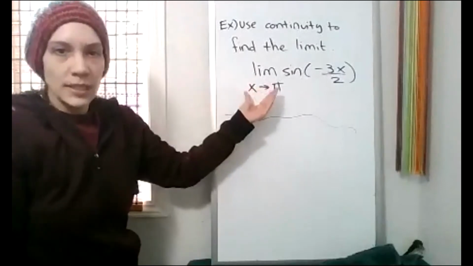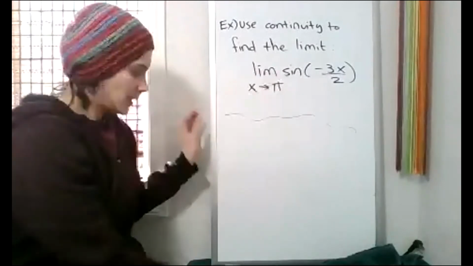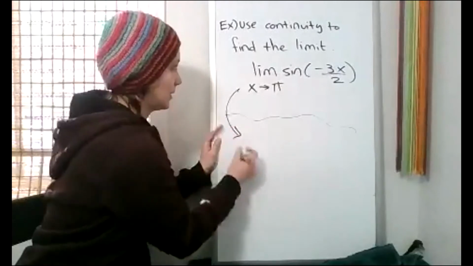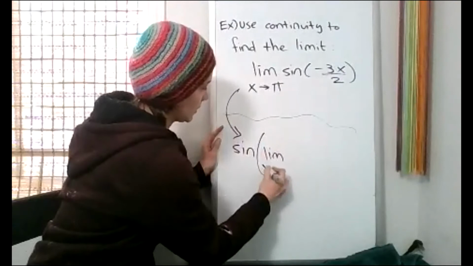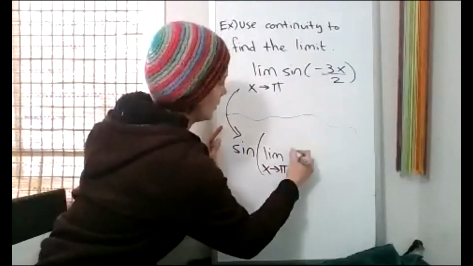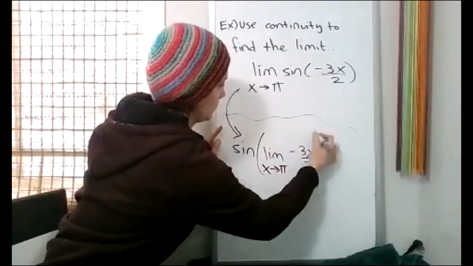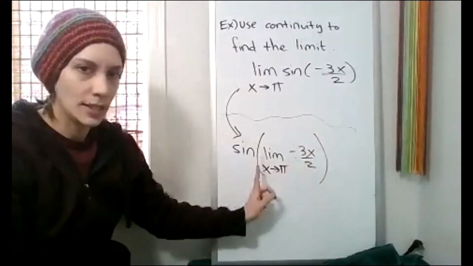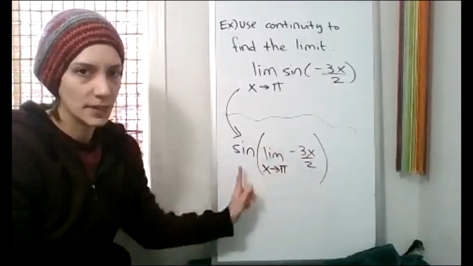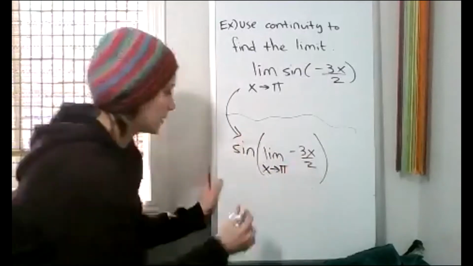Okay, so we can bring this limit into that trig function. Sine of the limit as x goes to pi of negative 3x over 2. This is a line, and you can just take the limit. So put in pi, sine of negative 3 pi over 2.